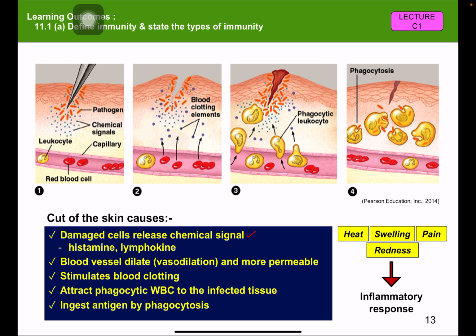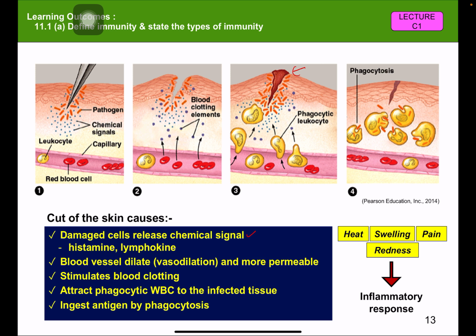So your blood vessels will dilate, which we call vasodilation, and become more permeable, and this will also stimulate blood clotting. And this process will attract the phagocytic white blood cells to the infected tissue.